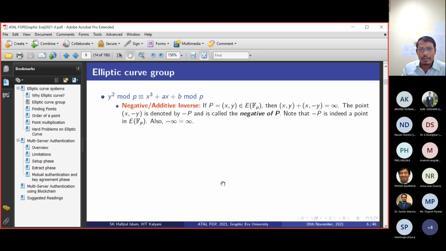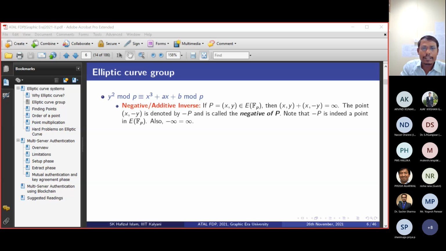So now we'll discuss the basics of the elliptic curve. So this is the group. How do we define the elliptic curve points? Suppose this is an example of the elliptic curve. My drawing is not good, please try to understand it, right?